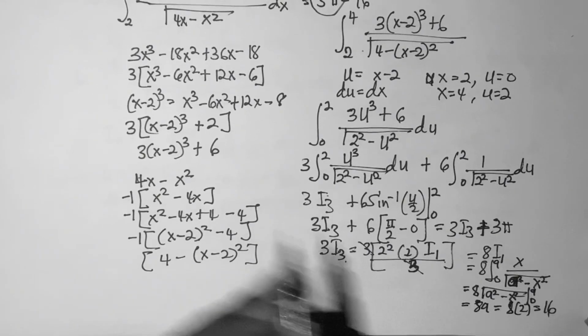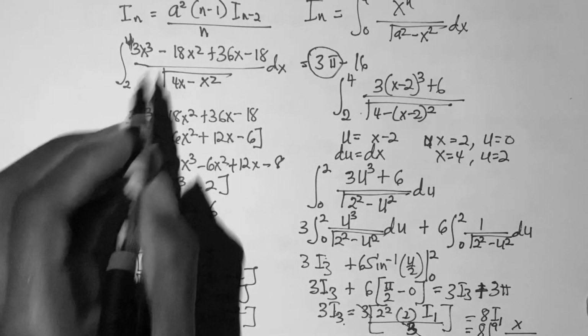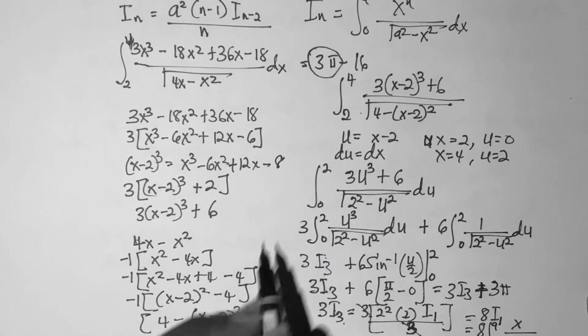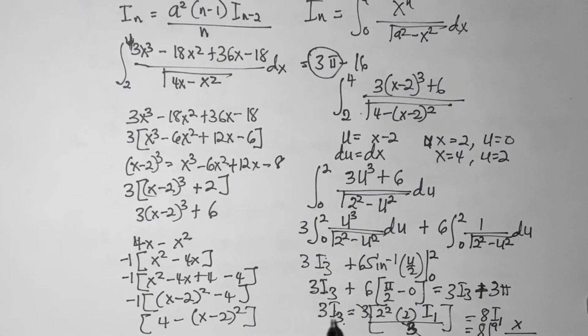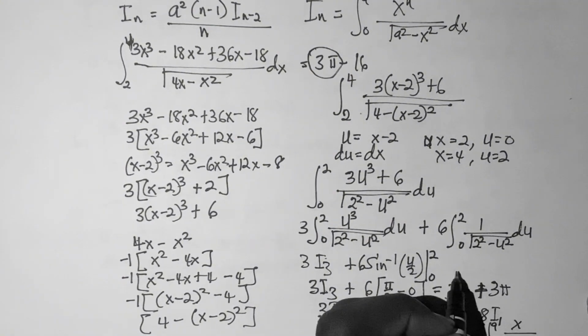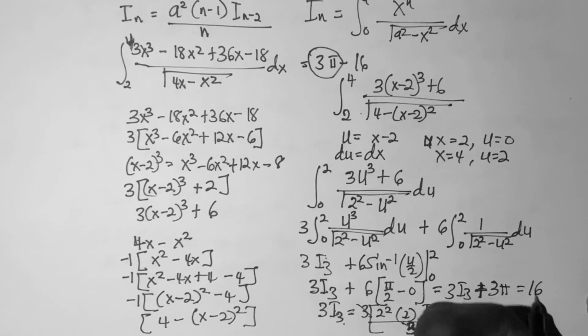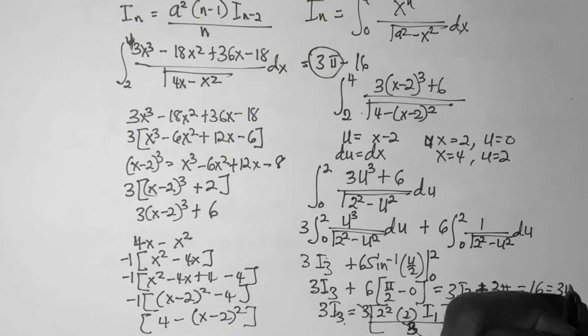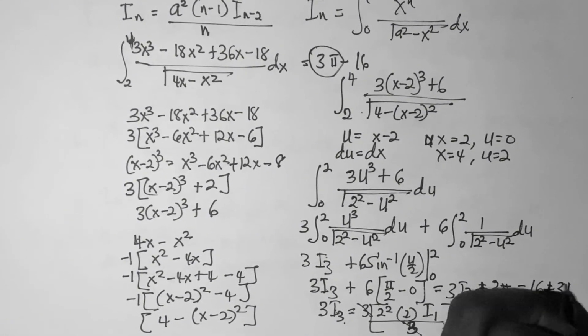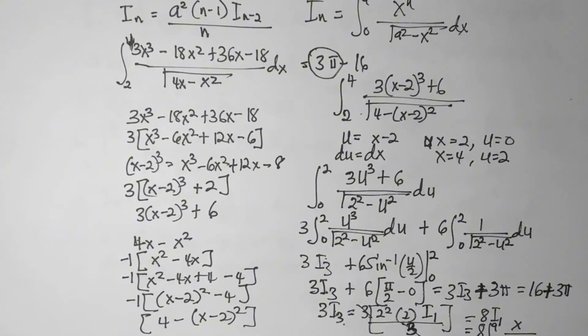So at the end of the day, the integral is 3 I3 plus 3 pi. I3 is 16, so this is equal to 16 plus 3 pi. And that is what the question asks us to prove.